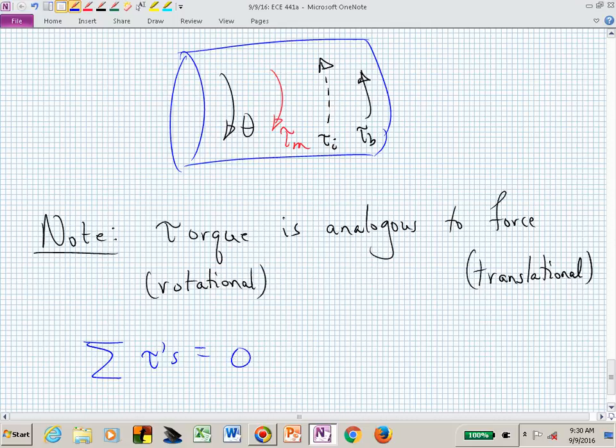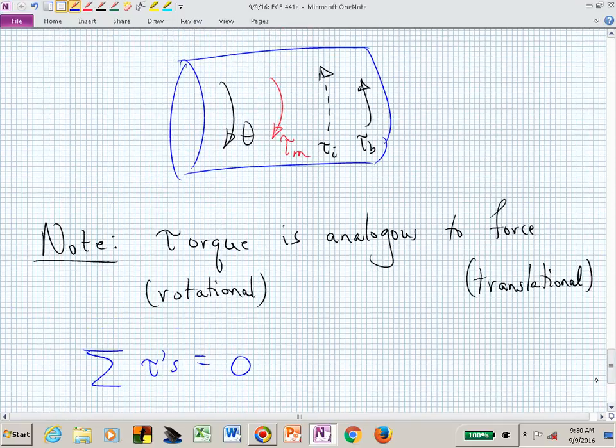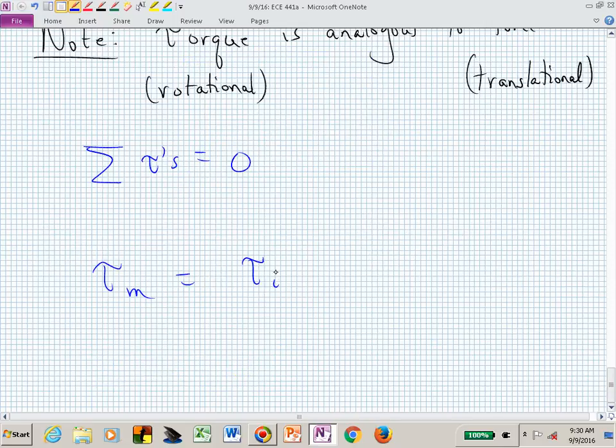Looking at that collection of arrows, they're going in different directions, so I just algebraically sum them. The motor torque, tau sub m, goes one way, and it's opposed by the other torques, tau sub I and tau sub B.